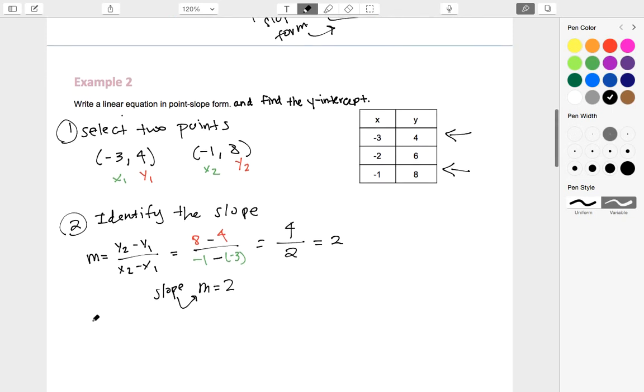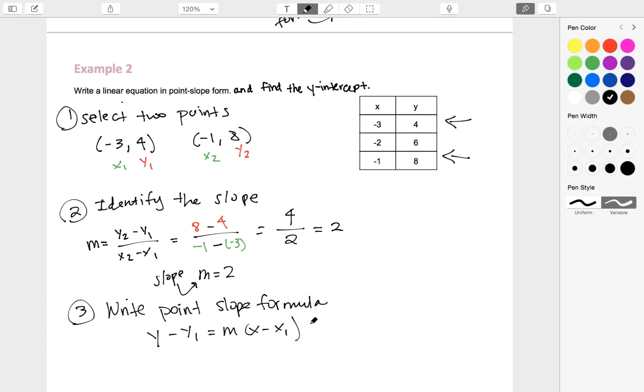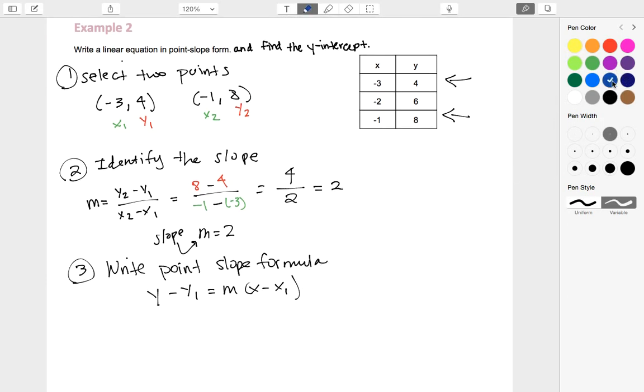Now that we've identified our slope, to write it into point slope form, we need to actually write out the structure. So we would say write point slope formula. Right? So we have y minus y1 equals m times x minus x1. Okay, so we'll go ahead and substitute what we already have.